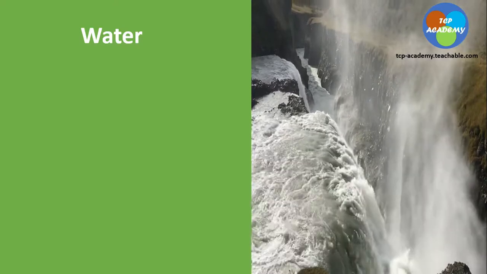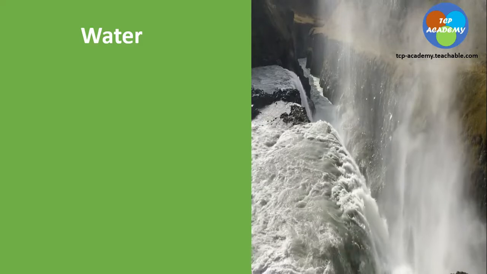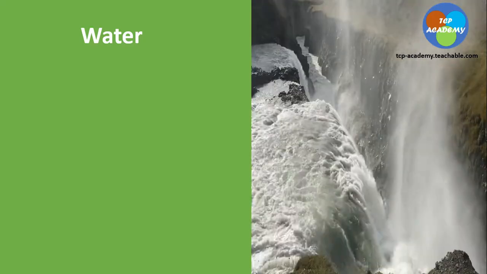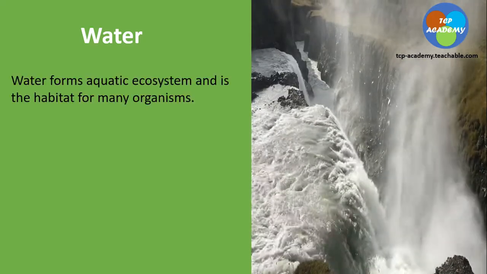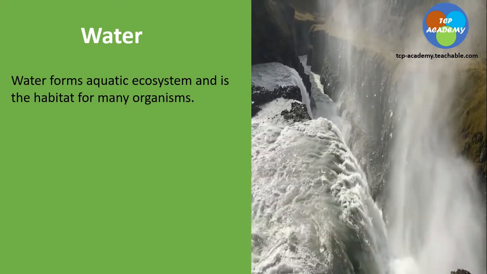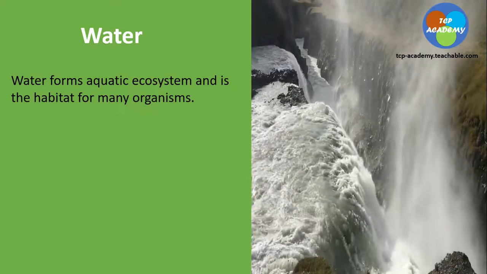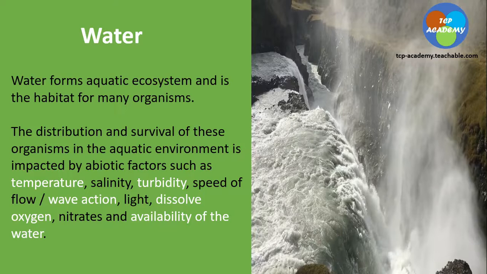Water is indeed an abiotic factor, and here we have some water flowing. The faster the flow, the more oxygen is available in the water. Water forms an aquatic ecosystem and is the habitat for many organisms.